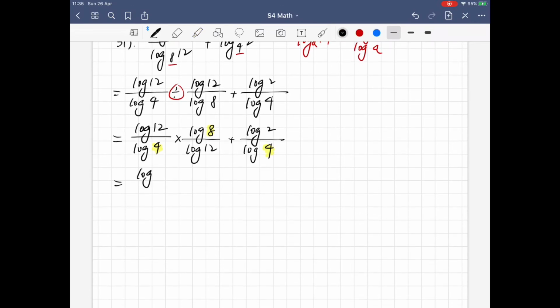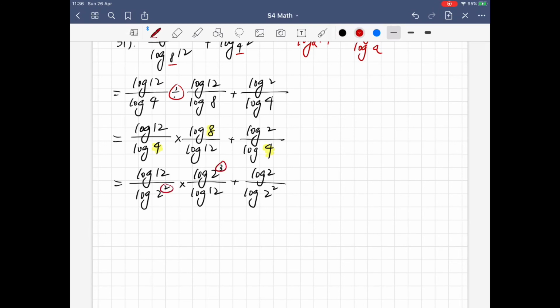Okay, so that it will become log 12 over log 2 to the power 2 times log 2 to the power 3 over log 12 plus log 2 over log 2 to the power 2.